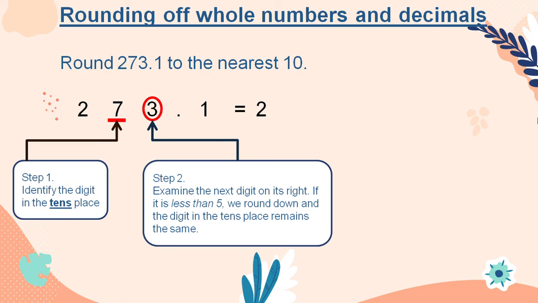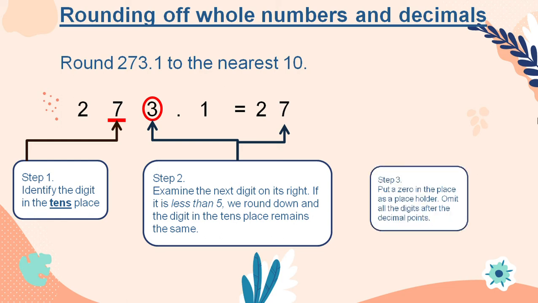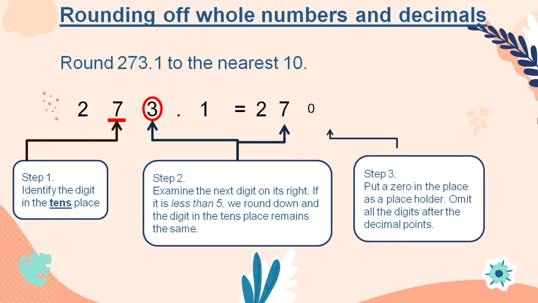Because it is 3, you need to round down and the digit in the 10th place remains the same, or still 7. Then we put a 0 in the place as a placeholder. Omit all the digits after the decimal point. So 273.1, when you round it to the nearest 10, equals 270.